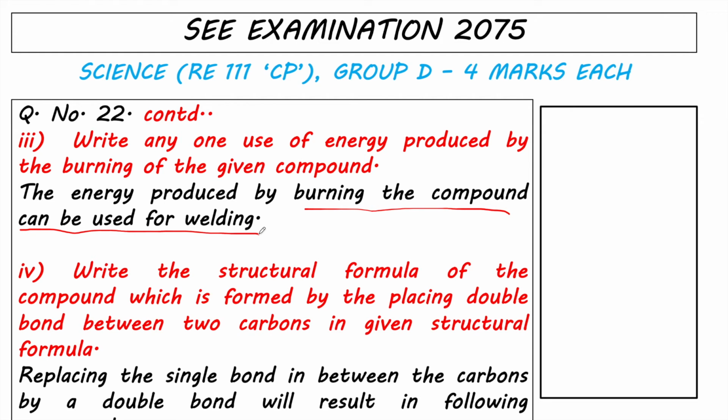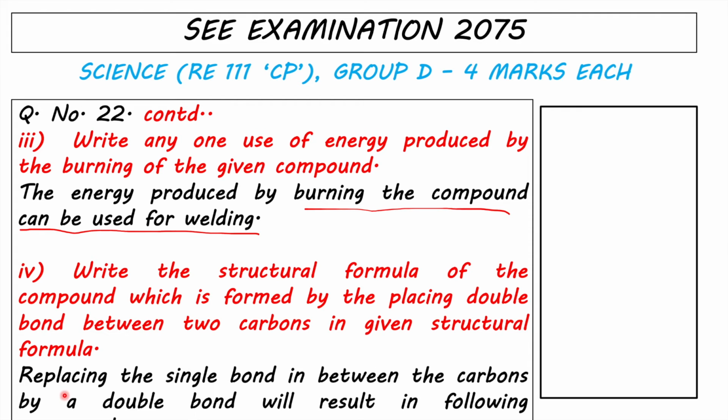Still continuing on this same question, the fourth one, write the structural formula. We have to write the structural formula, not the general formula, of the compound which is formed by placing a double bond between two carbons in the given structural formula.